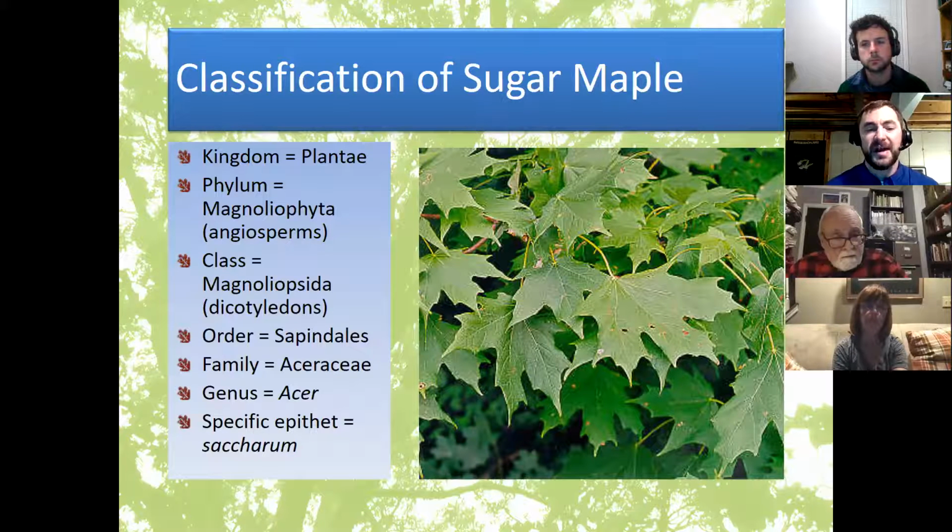And then the class, Magnoliopsida, dicotyledons, because when it sprouts, it has 2 leaves, remember. And then the order is Sapindales, and the family Aceraceae, Acer saccharum.